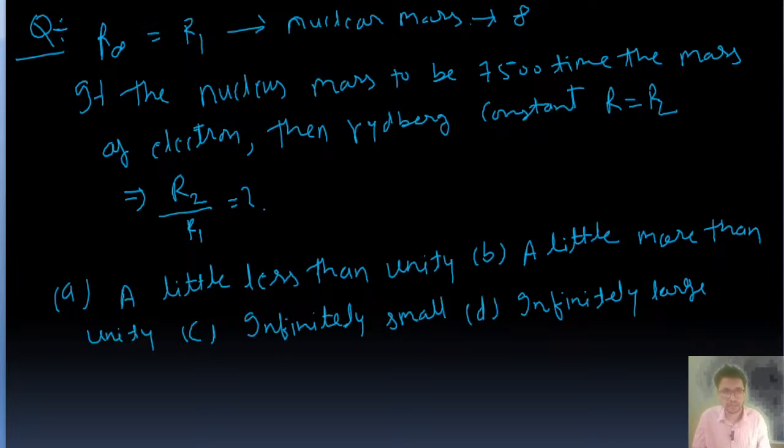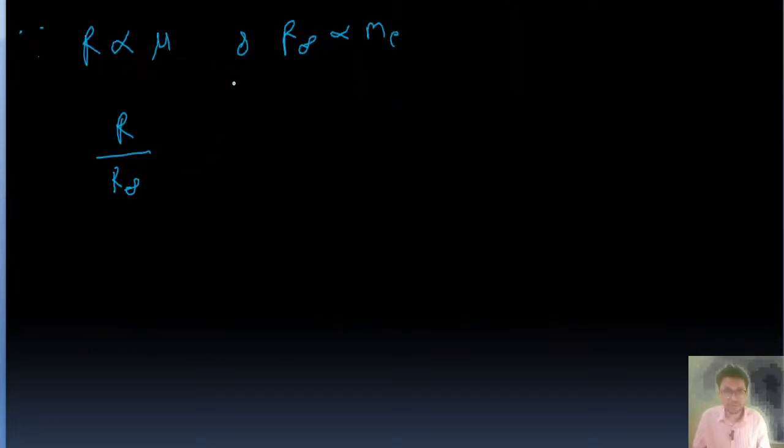We can call this equation 1 and this equation 2. So R upon R infinity is going to be mu upon M, where M is the mass of the electron.